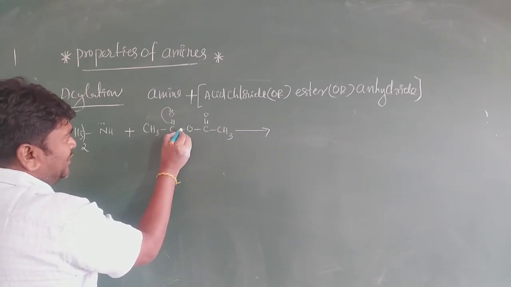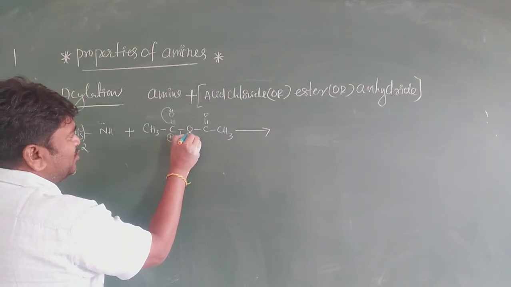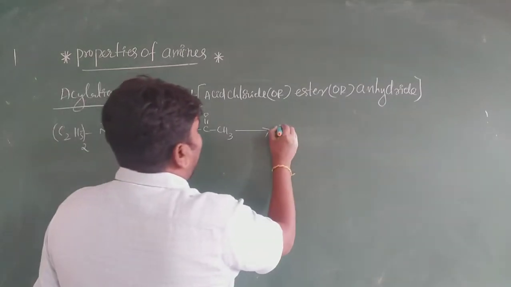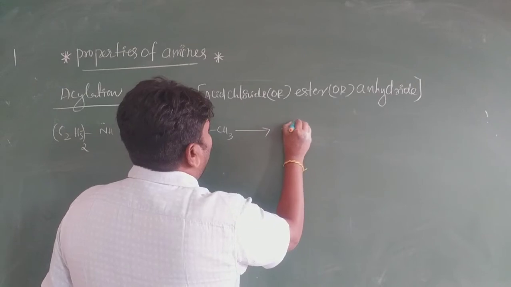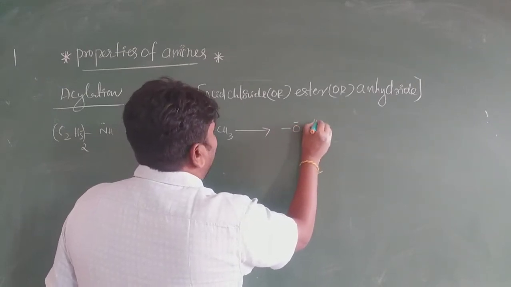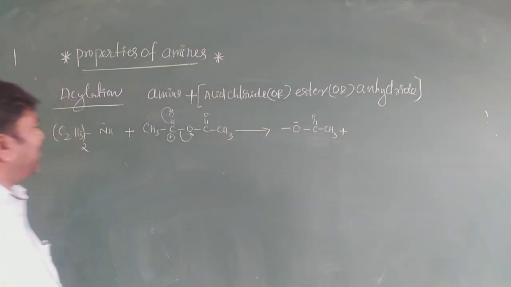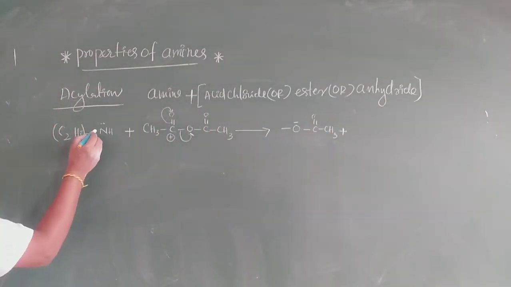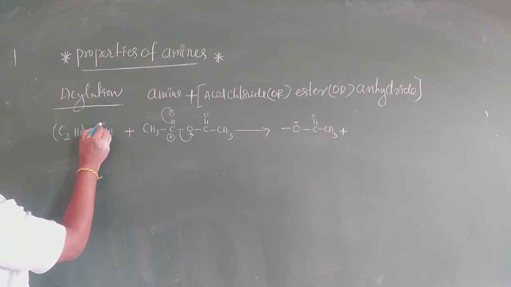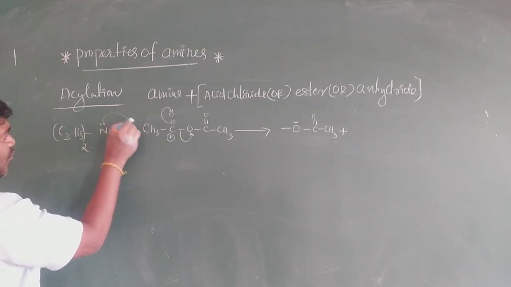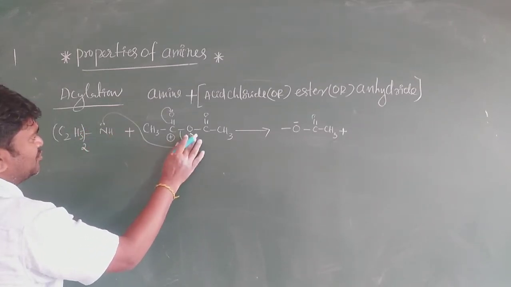At the same time, these two electrons are gained by this oxygen. That is what is formed, my dear students: O minus, C double bond O, CH3, and a positive charge. It contains 2 lone pairs, and 1 lone pair is involved in the bond formation in between.